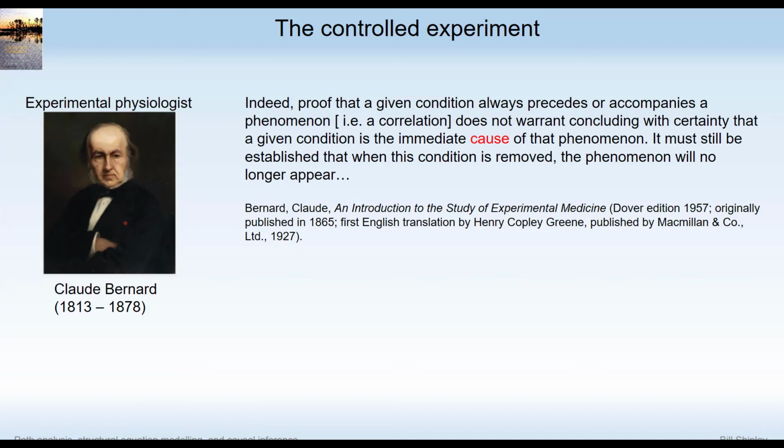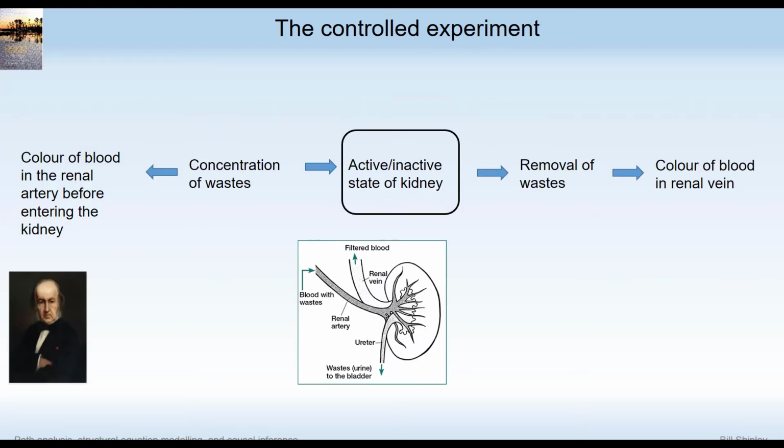So I'll describe one experiment he did. These are rather gruesome experiments, in fact, in which he used live dogs, which he opened up and then did these manipulations on them. So these are not the sort of experiments that anyone could do today. In the experiment I'm going to discuss, he was looking at the functioning of the kidney. He was trying to understand what the kidney does and how it works.